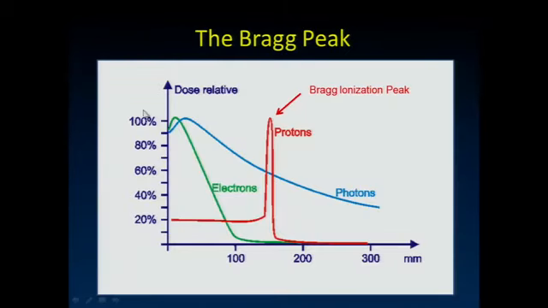And it turns out that these different types of radiation end up depositing their dose at different depths, and I want to emphasize that. So when you look at electrons, we talked about the fact that energetic electrons really deposit almost all of their dose within tenths of millimeters of where they are emitted from.